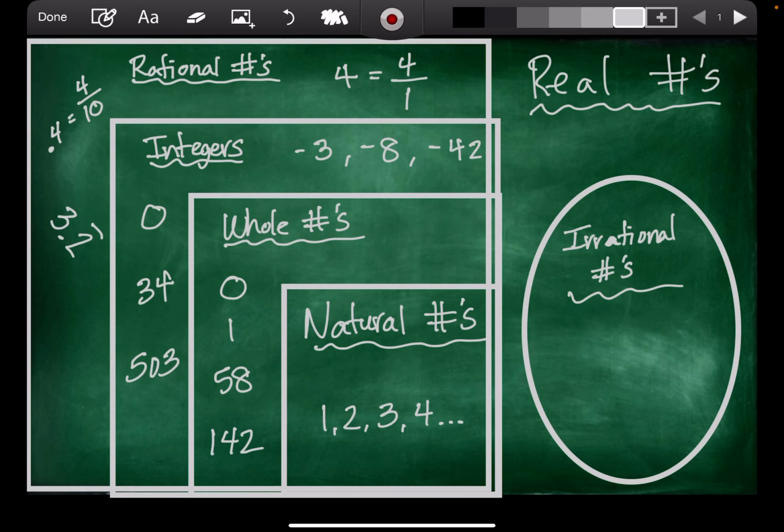If you don't know what that line means, that 2 is going to be repeating forever. So they call those repeating decimals. We're not going to go into depth on how, but you can actually write repeating decimals as fractions. And therefore, that repeating decimal of 3.22222 is considered a rational number.